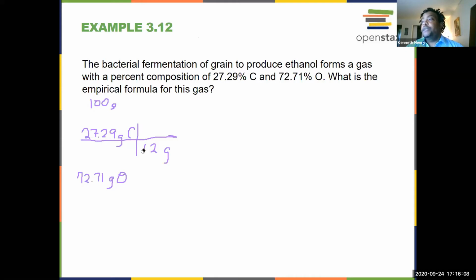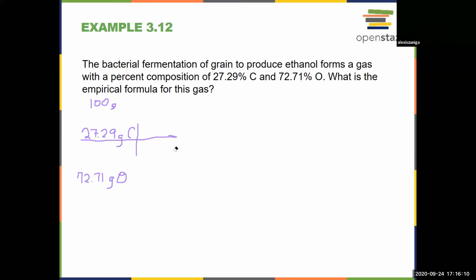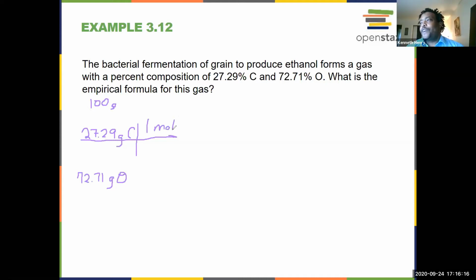No, 1 mole of carbon on top over 12 grams. And that should be 2.27 moles of carbon.